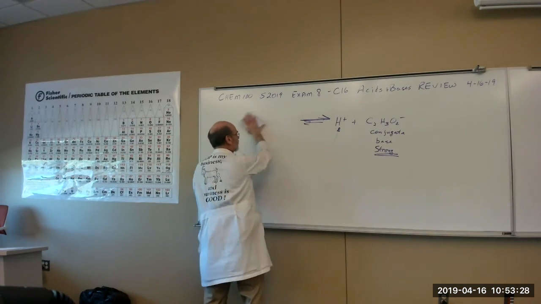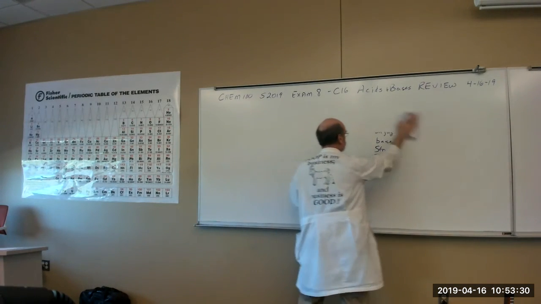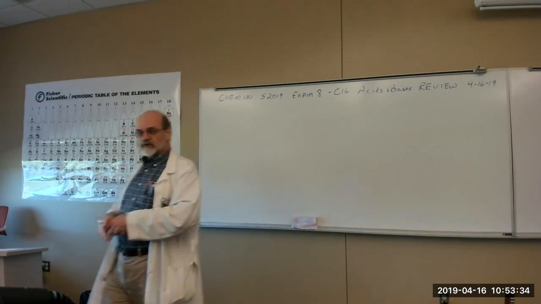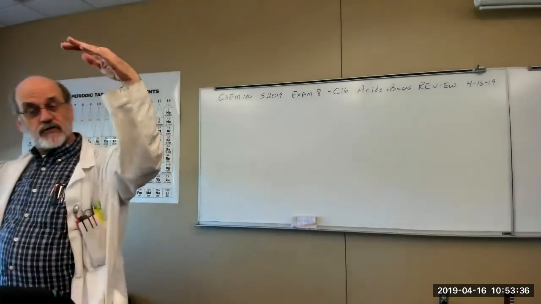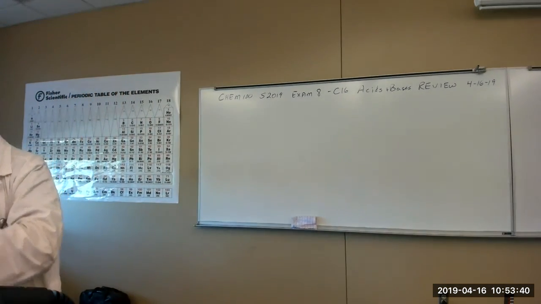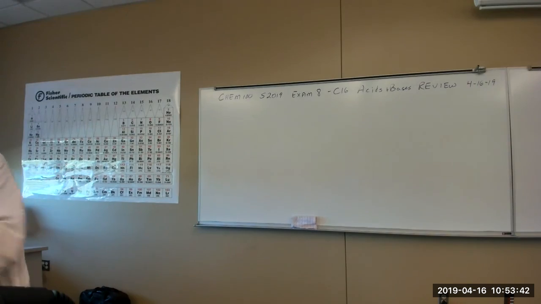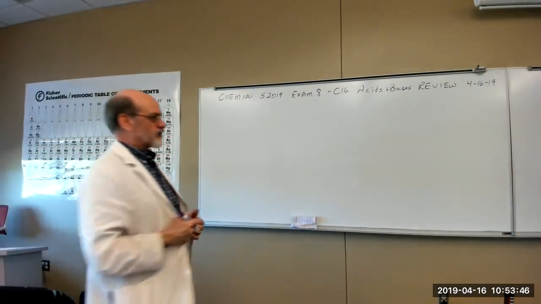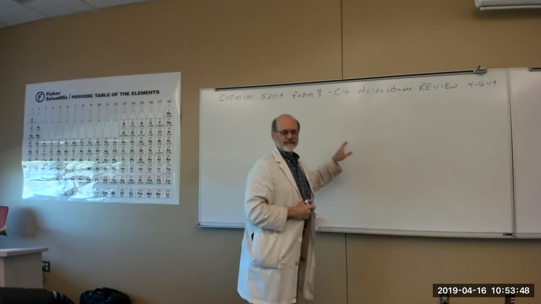So you would think that once you find the correct buffer, all you have to do is just jack up the concentrations, right? And you can stabilize that pH over a wide range of inputs. Problem is, cells don't like high concentrations of these things either, right?